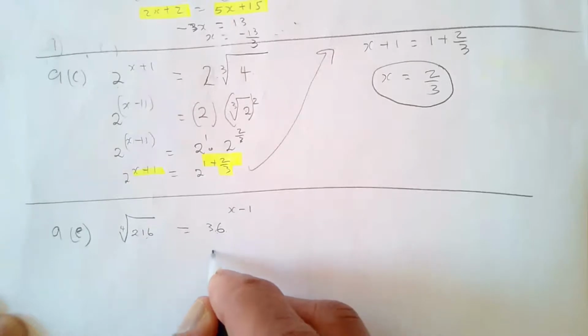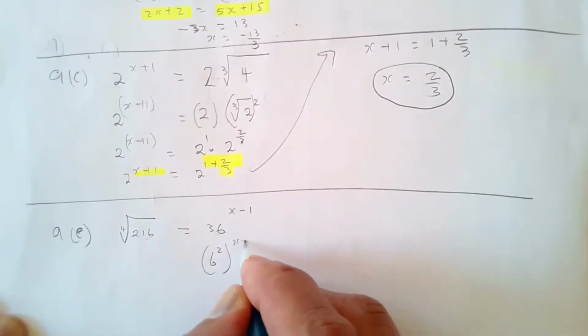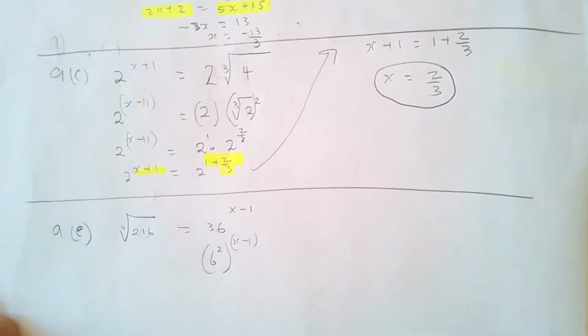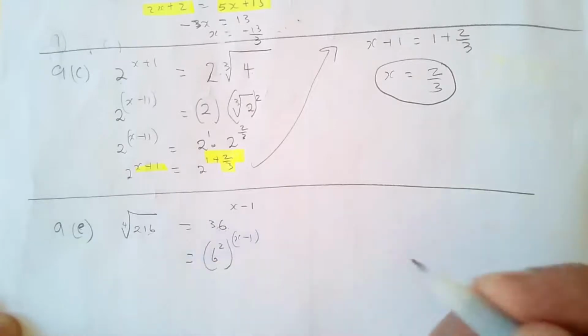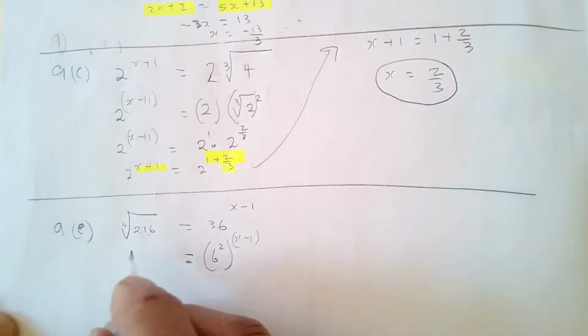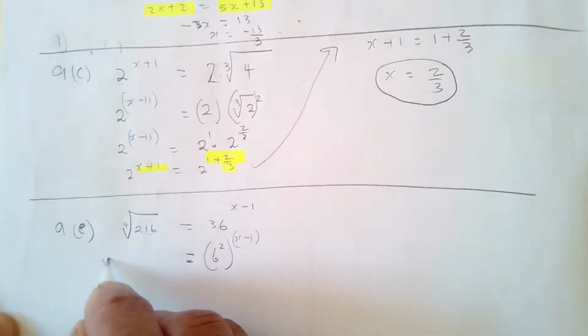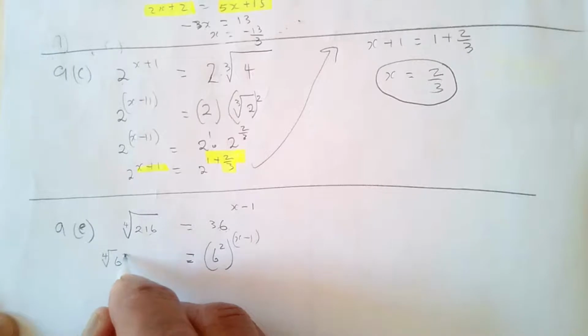So this gives me 6 to the power 2, x minus 1. Brackets are very useful in these questions because they make it easy to follow your work. 216, we have 4. We change that to 6 to the power 3.